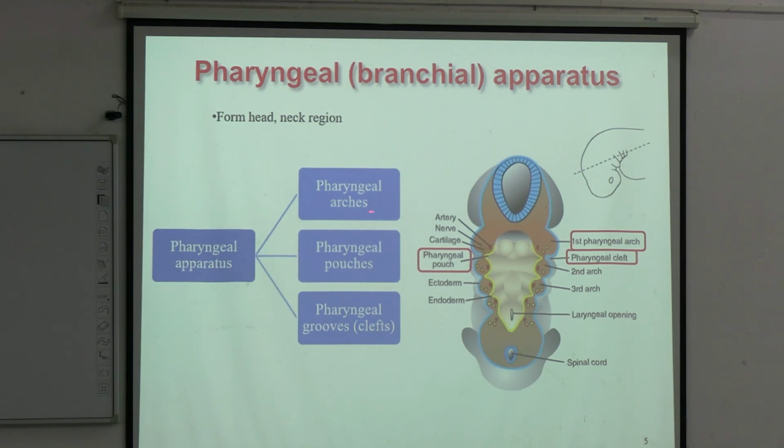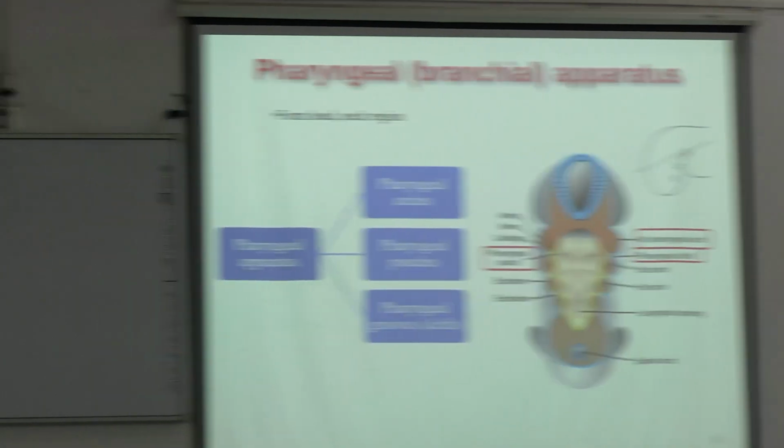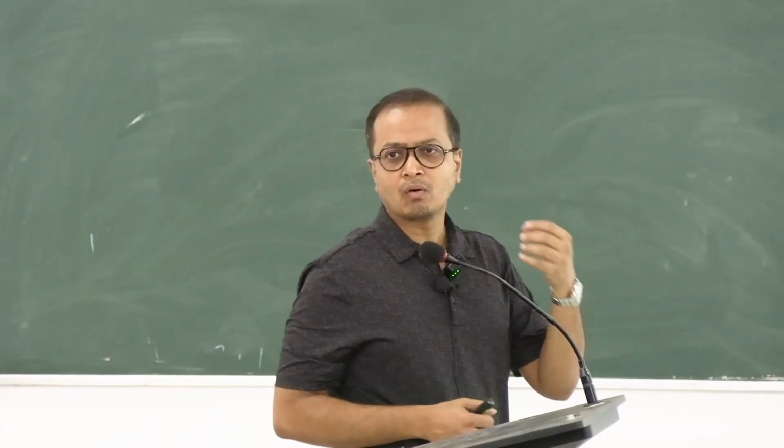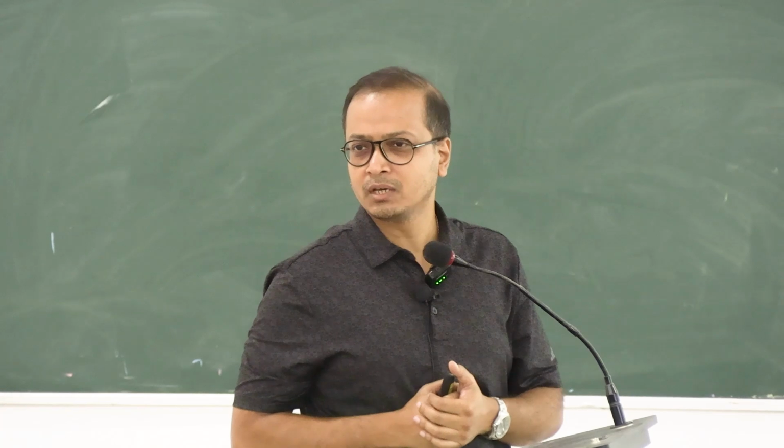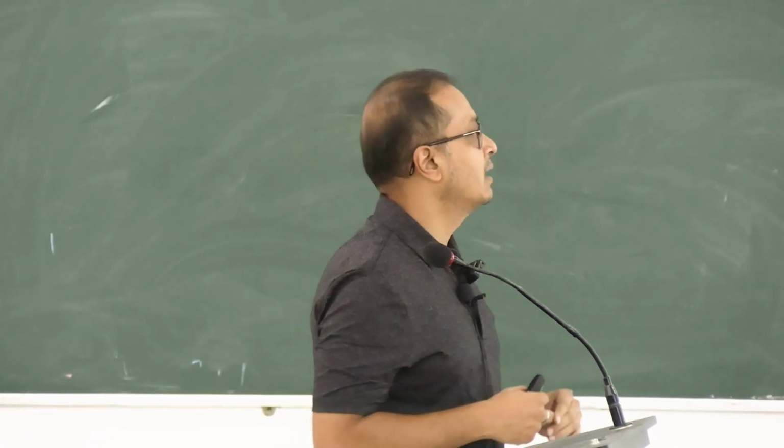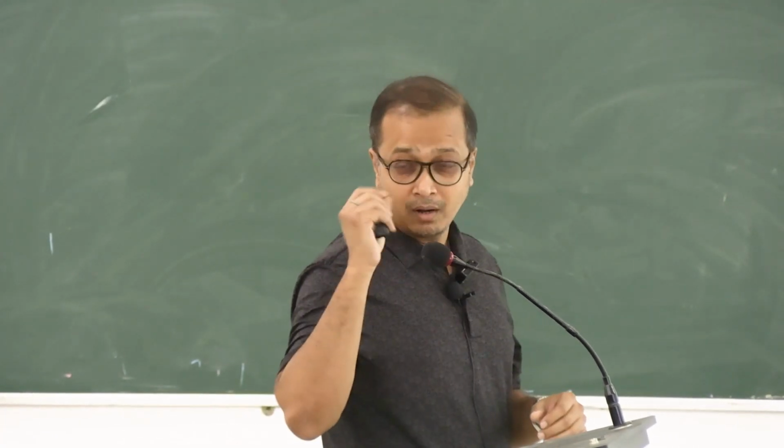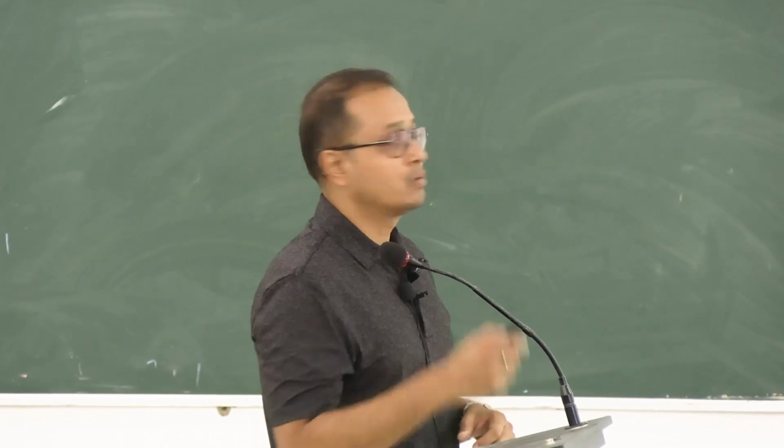We start learning about the arches. Once we are done with the arches, we'll move to the pouches and then the grooves. And what they actually contribute, that we are going to memorize, because they are MCQ pickup areas or hotspot areas where these MCQs are commonly flashed, and we also have some developmental area to cover which is important to us.